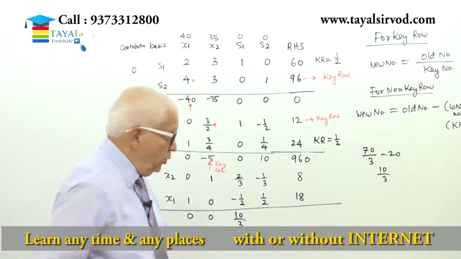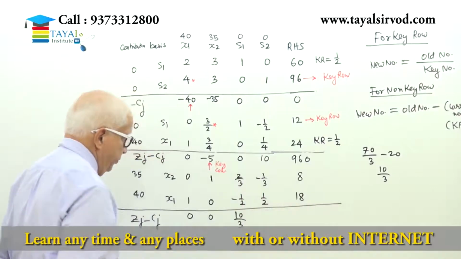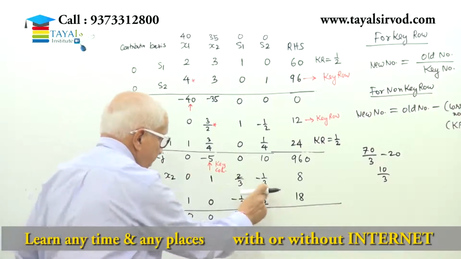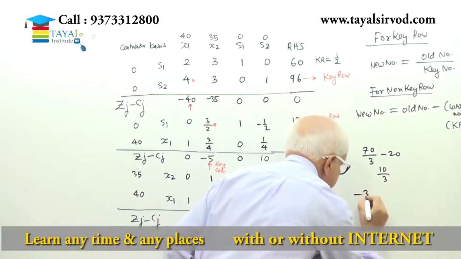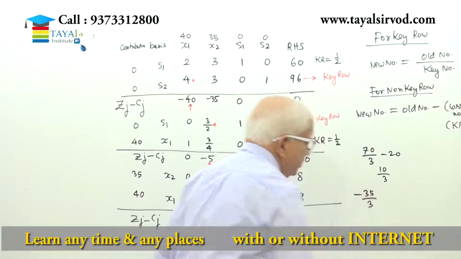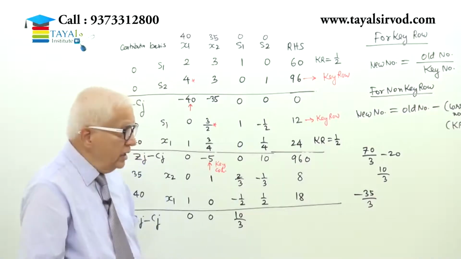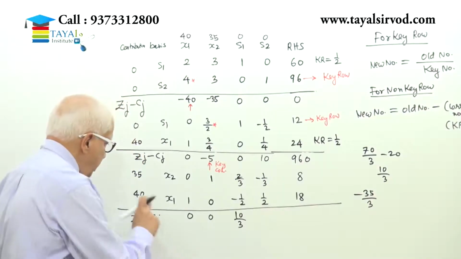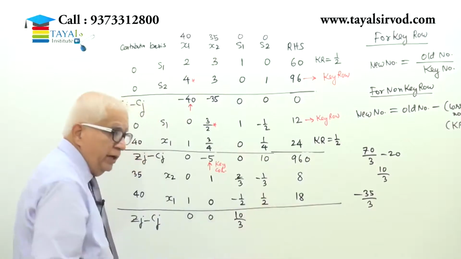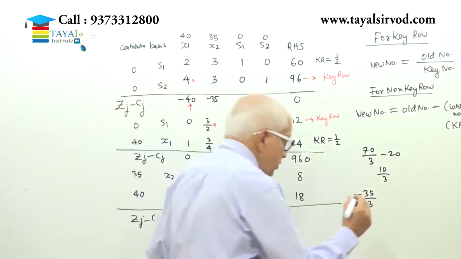Okay, next number. How do I calculate this number? 35 multiplied by minus 1 by 3, that is minus 35 upon 3. 35 is not divisible by 3, so I must write it as minus 35 upon 3. 40 multiplied by 1 by 2. 40 multiplied by 1 by 2 is 20.